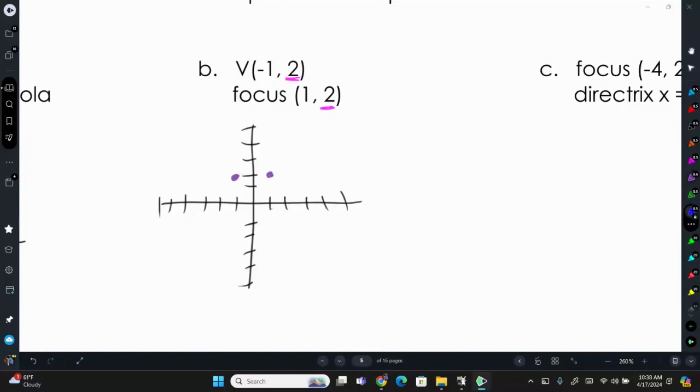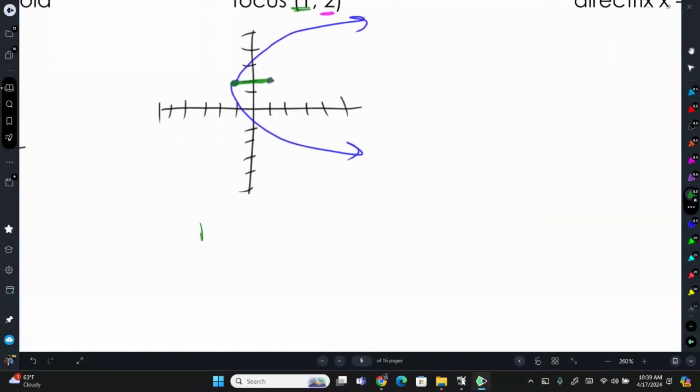So that means it must open this way. And the length of this segment right here, that is our p-value. So how long is it from -1 to 1? Well, that's 2 units. So our p-value is 2.